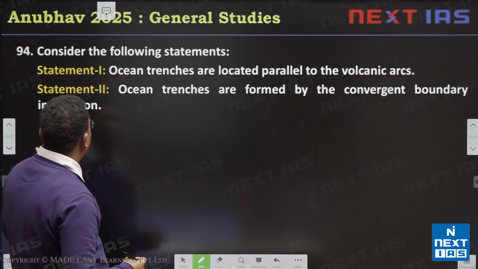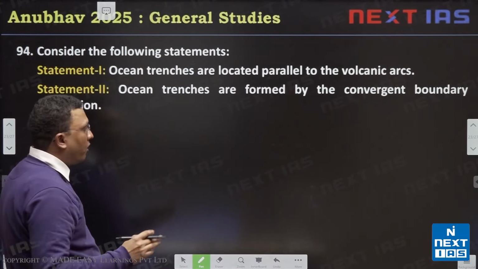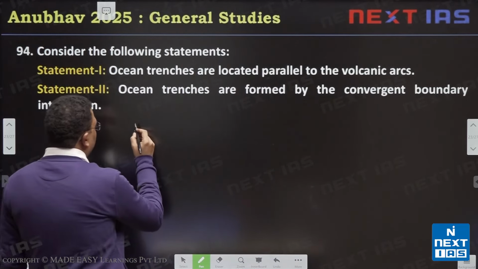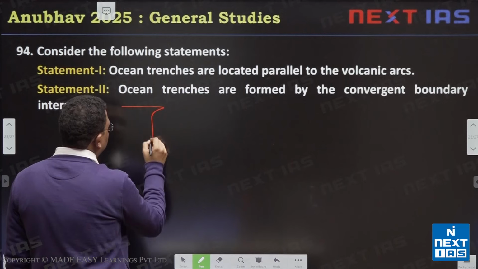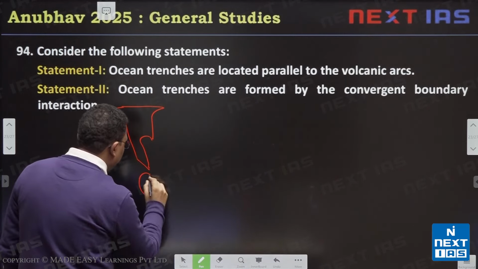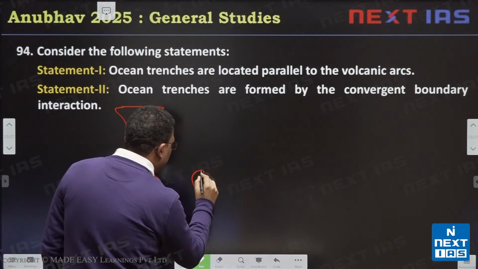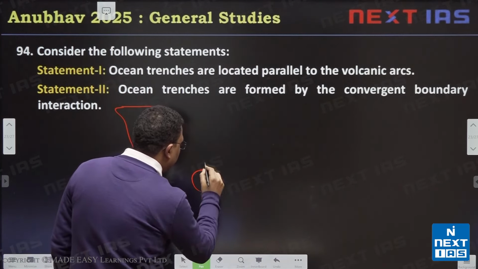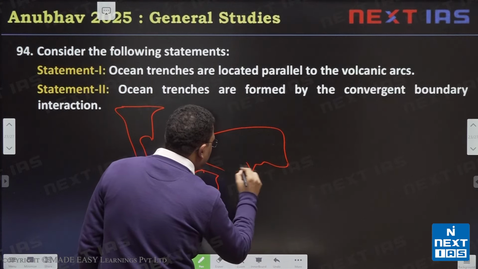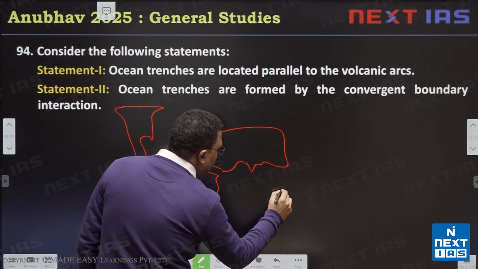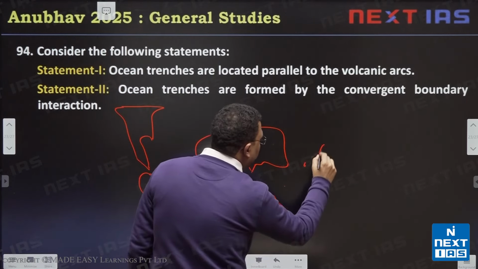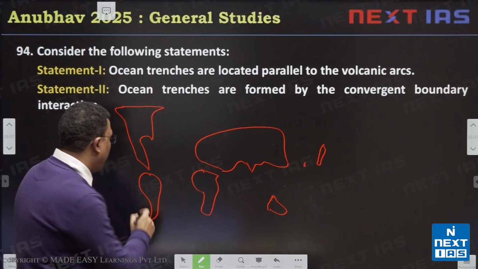So first of all, let's see important ocean trenches located in the world. So let's draw a rough map of the world. This is roughly a world map, right?